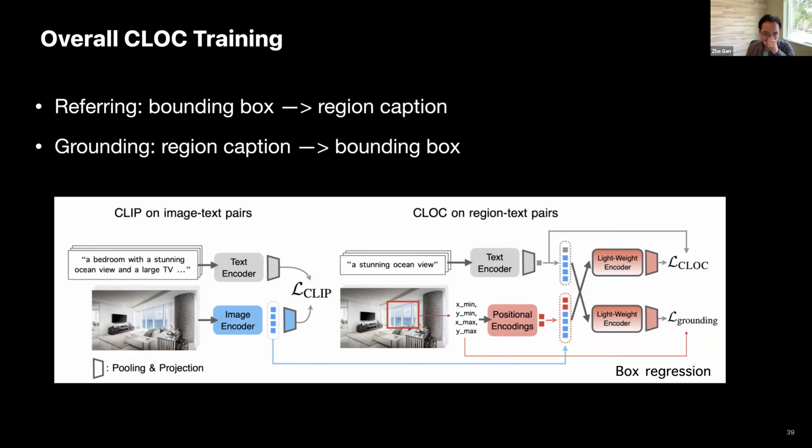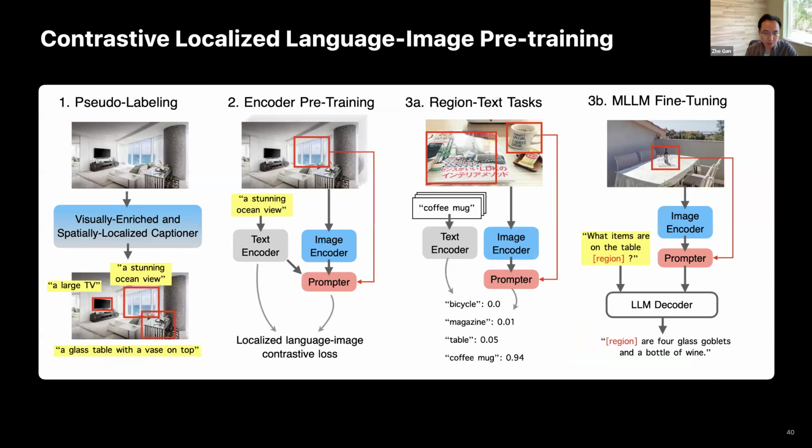The CLOC loss is like referring from bounding box to region caption, and for the grounding loss, we do the opposite. We add a box regression loss. So in the end, you train the model by combining the three losses together. For details, feel free to check the paper, but here is more like a high-level picture of what we do.